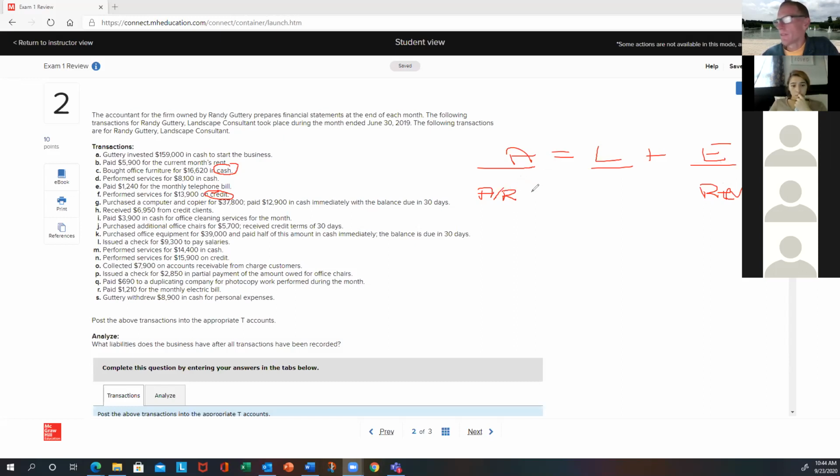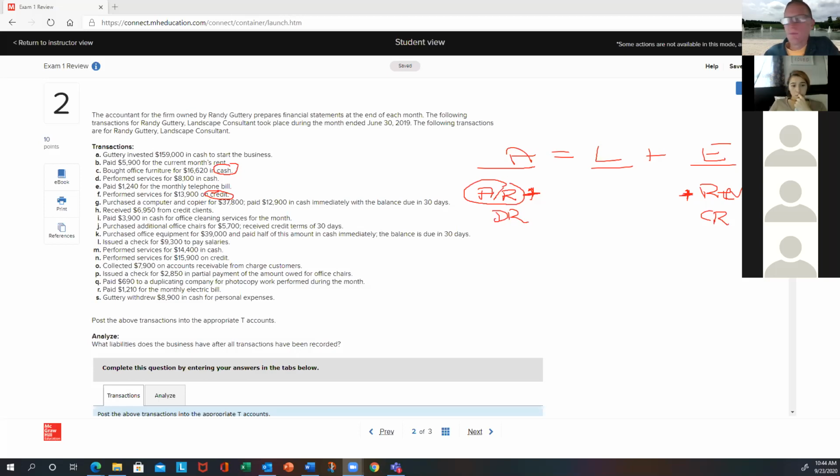In this case, accounts receivable is going to be increasing, just like cash increased in transaction C. And of course, we know revenue is also increasing. So the debit and credit works the same. We're going to be debiting accounts receivable and crediting revenue, just like we did in transaction C, except we're using accounts receivable.